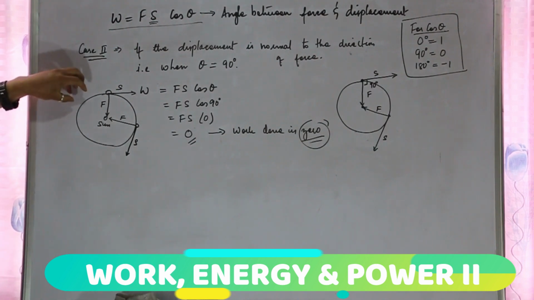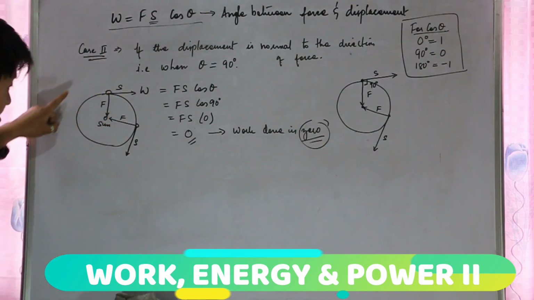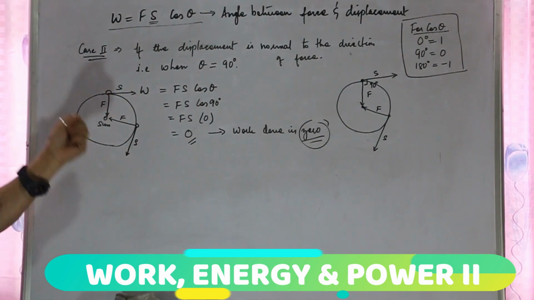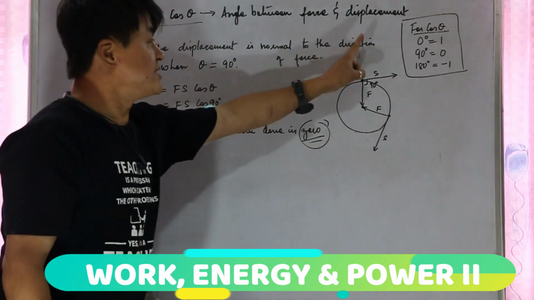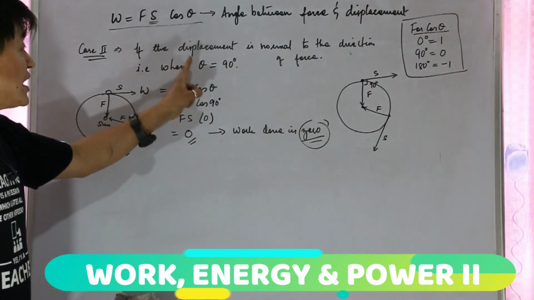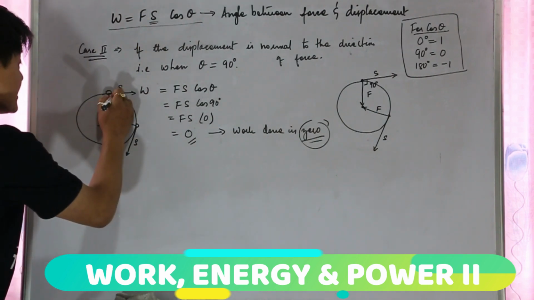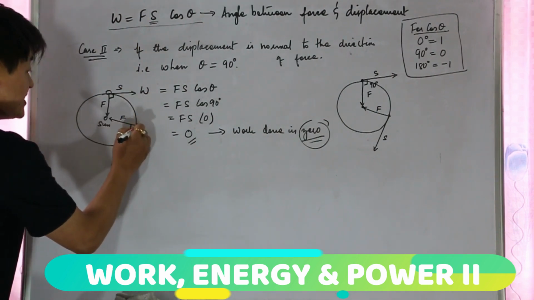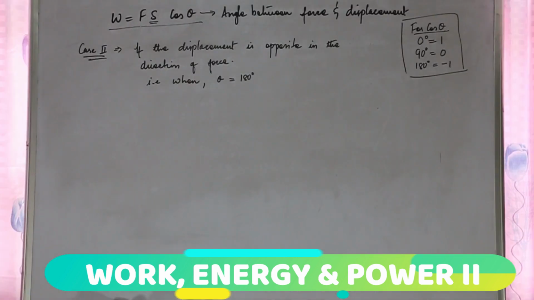So at every point the work done will be 0 when the body is moving in a circular path. When the displacement is normal to the direction of force, the angle between the force and the displacement is 90 degrees, and at that time the work done is 0.